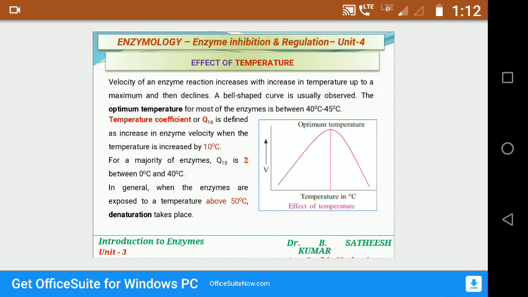That means the enzyme activity will be doubled if we increase the temperature by 10 degrees centigrade. It works in a range of temperature that is 0 to 40 degrees only. So between 0 and 40 degrees centigrade, if we increase the temperature of an enzyme reaction by 10 degrees centigrade, we will get doubled enzyme activity. So that is called Q10. Q10 is always equal to 2 in a temperature range of 0 degree to 40 degree centigrade.